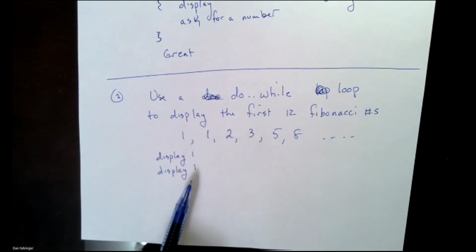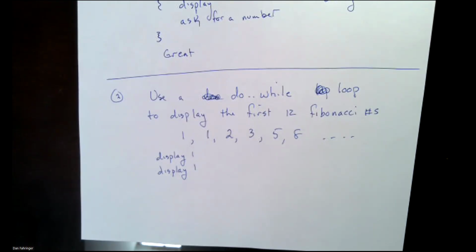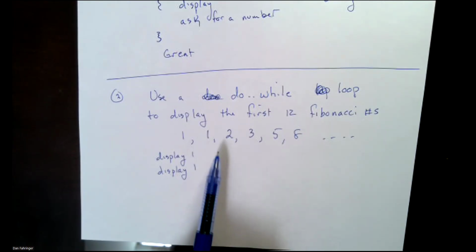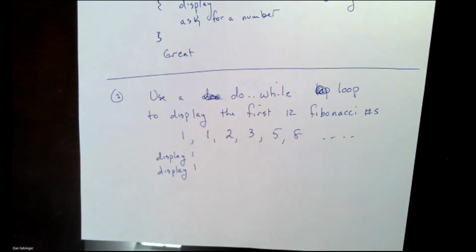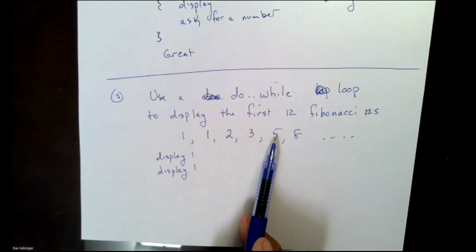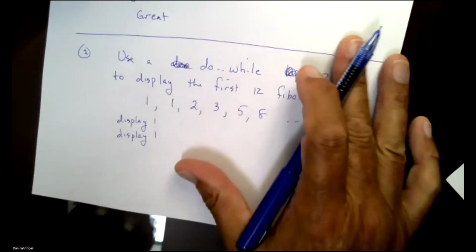So I need to be able to know what these were so I can add them to get that. And then I need to know what these two are so I can add them to get that. So if I said 5, I need the one that's 2 back and 1 back. Okay. 2 back and 1 back.